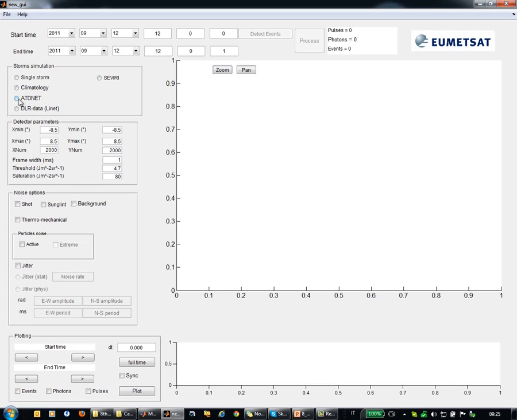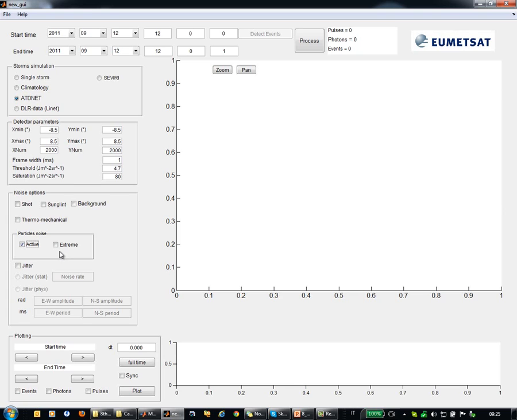We load ATDNet locations and we add particle noise. We make it active, but without switching on the extreme event that simulates the extreme event recorded by geostationary satellites from NOAA.